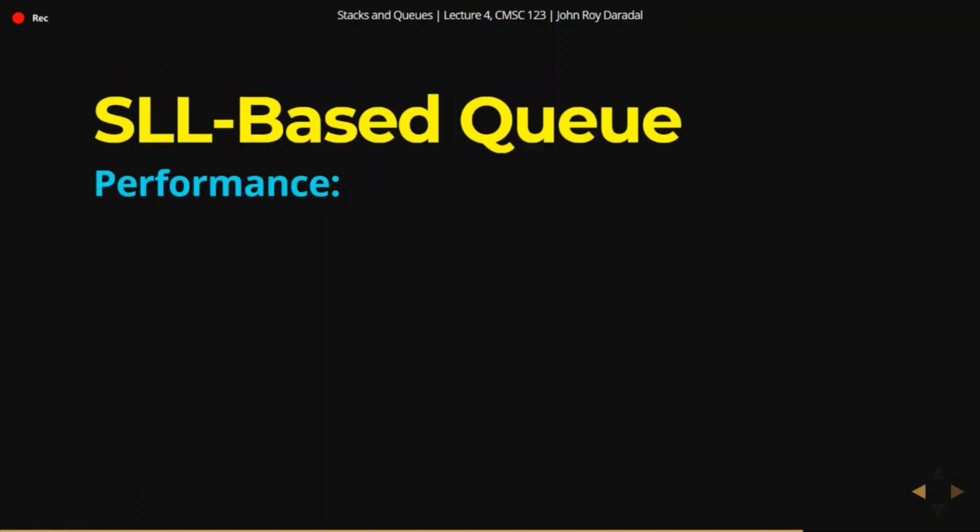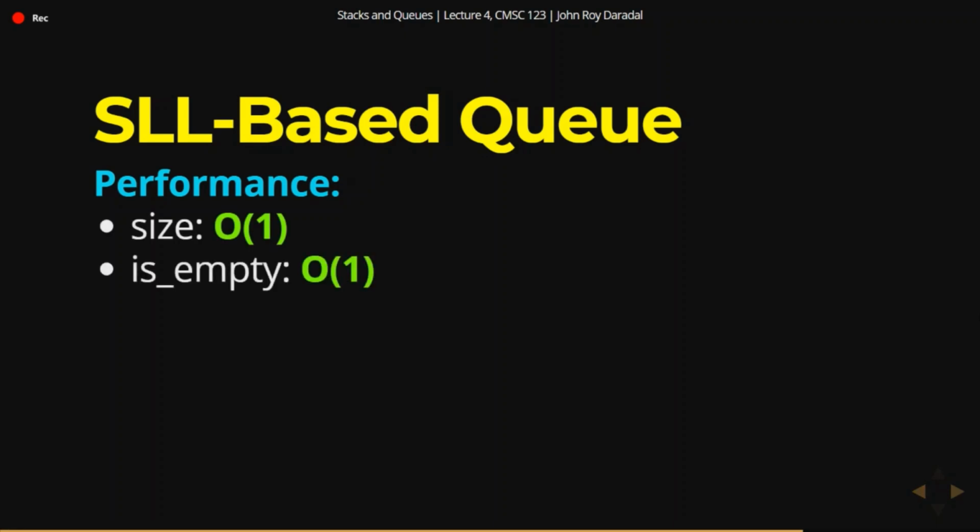And for the performance of the SLL-based queue, size and isEmpty, again, will take constant time because we are keeping track of the size property. Front will also take constant time because we just have to get the item in the head node, right?